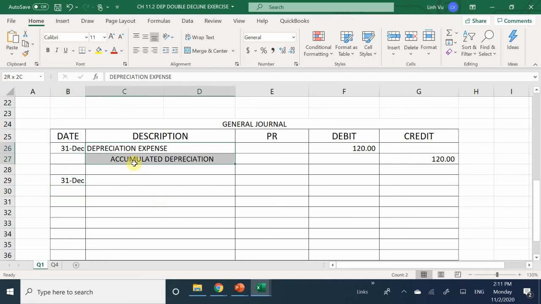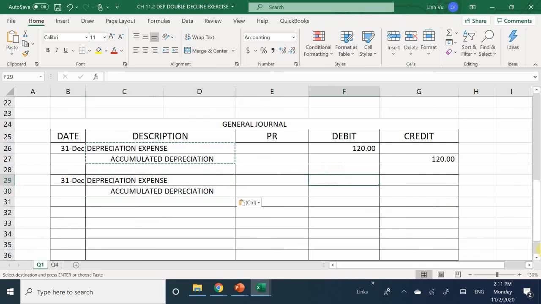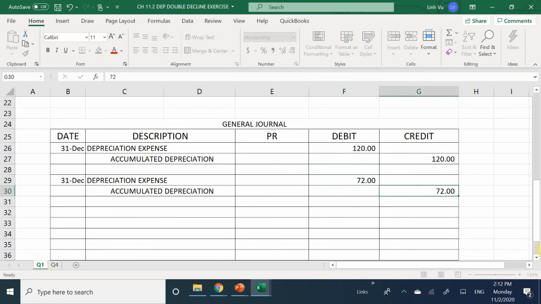So it's going to look identical to this. And the accumulated depreciation will be the 72 in the credit. So $72 and $72.